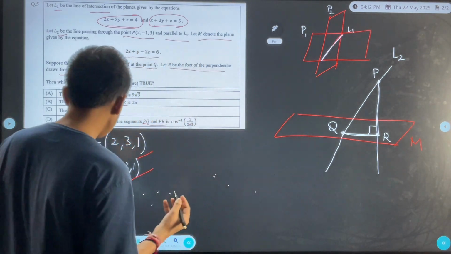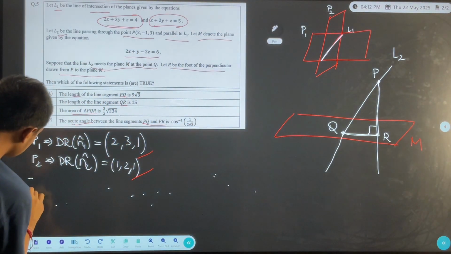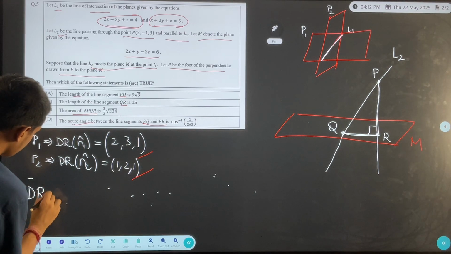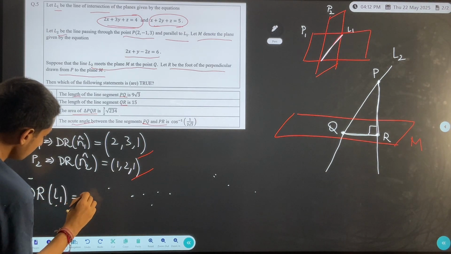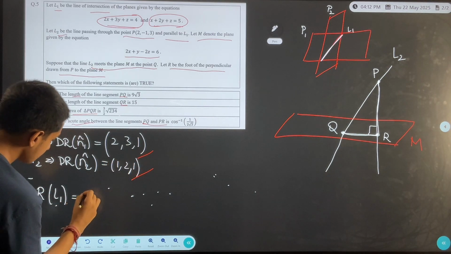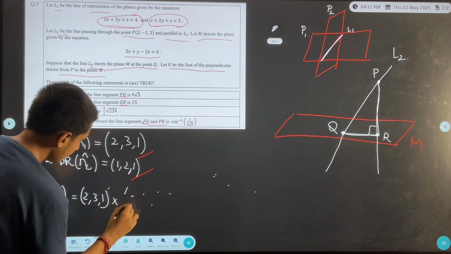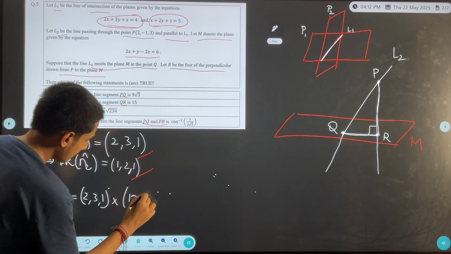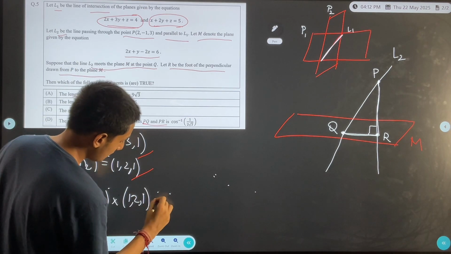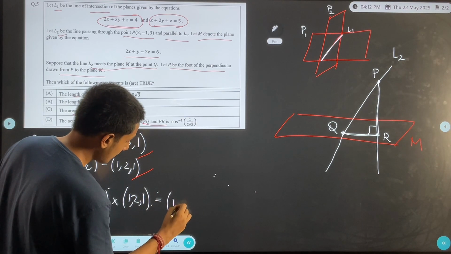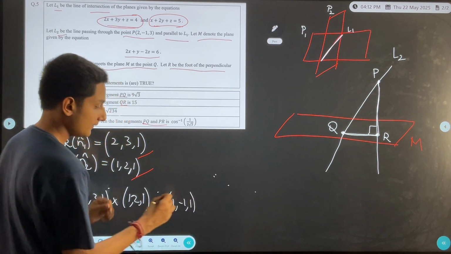So we can find the direction ratio of L1 as equal to the cross product of 2, 3, 1 with 1, 2, 1. When you compute this, it comes out to be 1, minus 1, 1.